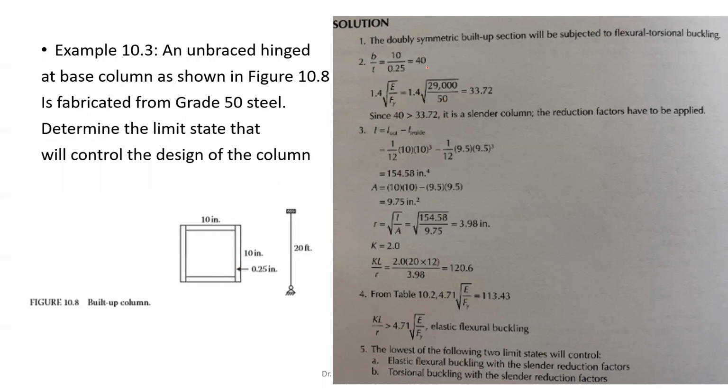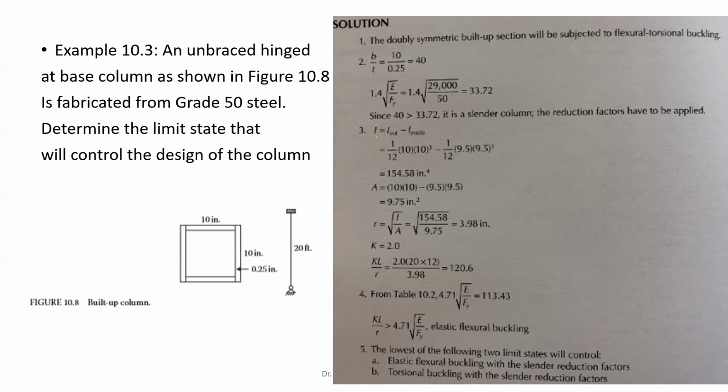This value is less than the width over thickness ratio, which means the column is slender, and because it's slender, we have to use the reduction factor. How do we find the reduction factor? Because it's not given, right? We have to find it.